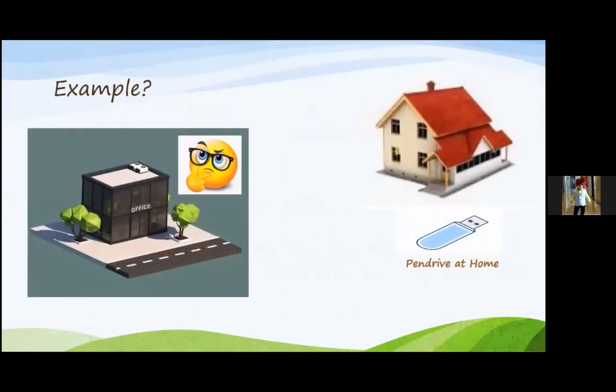Okay, say for example, Sapna Chauhan is there, and the second one is Bhagyashri, correct? So Sapna and Bhagyashri both are sisters. Now suppose Sapna went to the office.